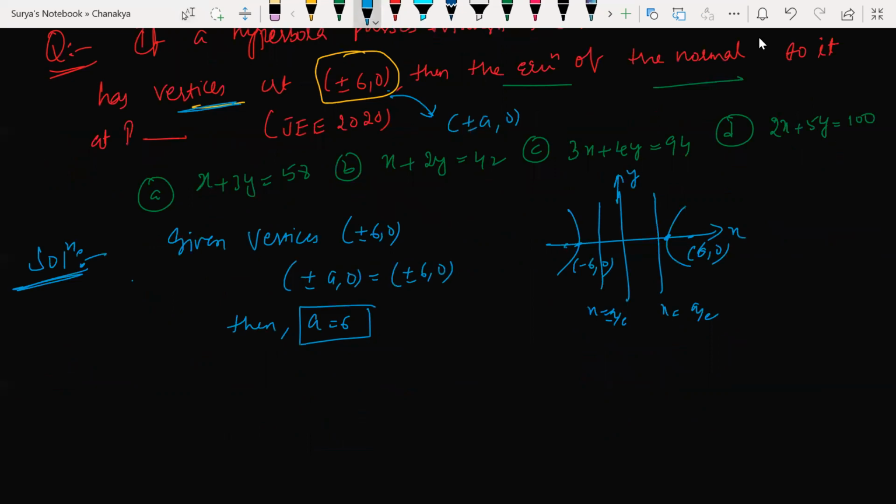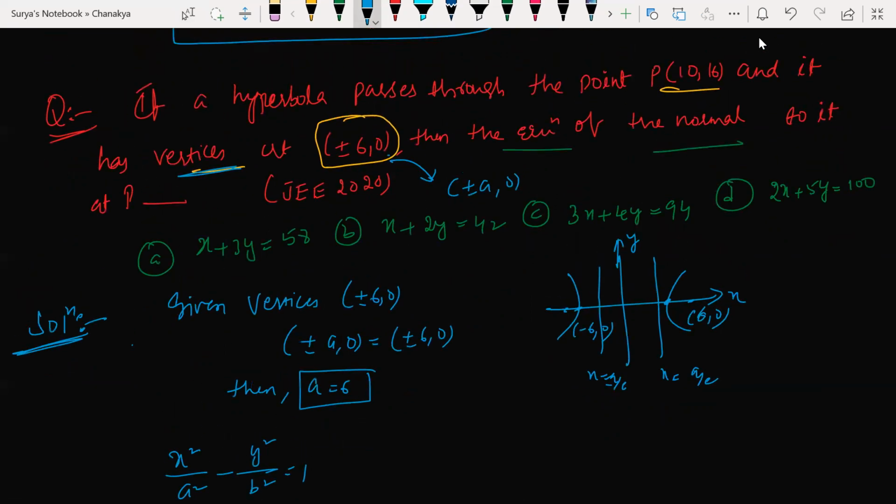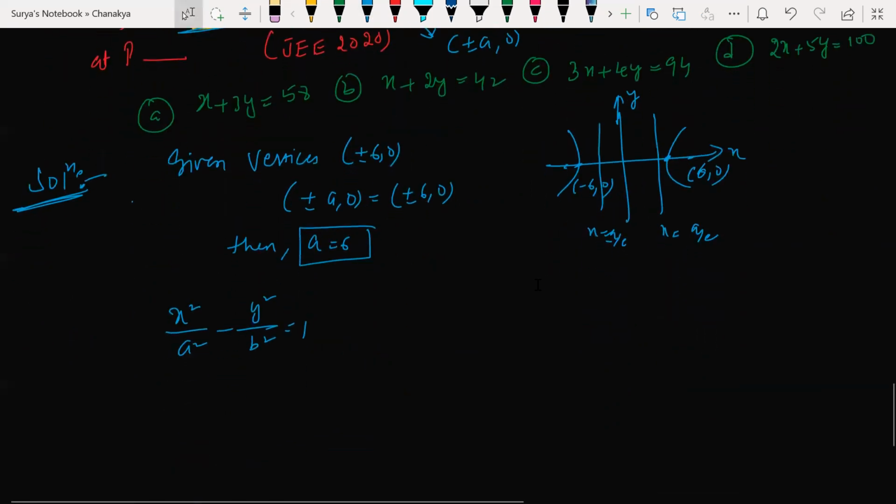Now the equation of the transverse hyperbola is x²/a² - y²/b² = 1. ठीक है? Yes or no? हाँ. Now this hyperbola passes through the point (10, 16).